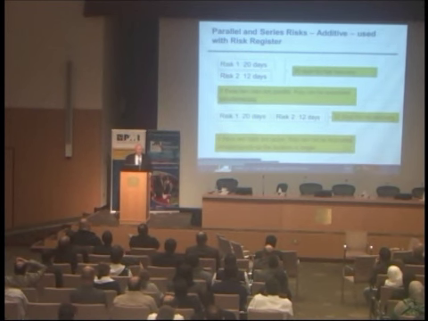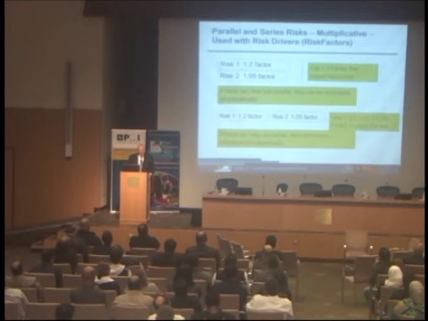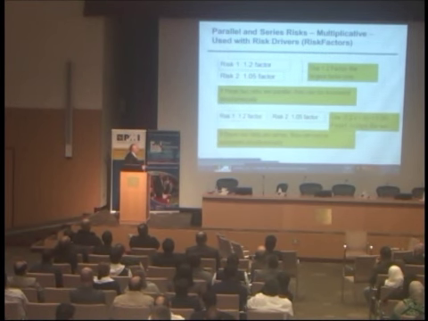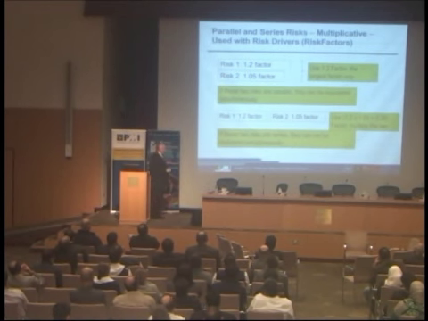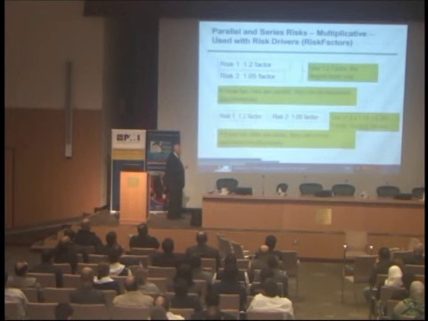And while we're talking about multiplicative factors, risk drivers, the same thing is applied there too. A 1.2 factor, a 1.05 factor, if they're in parallel, it uses 1.2. If they're in series, it uses 1.26, 1.2 multiplied by 1.05. The problem a while back was that we never had parallel risks capability.